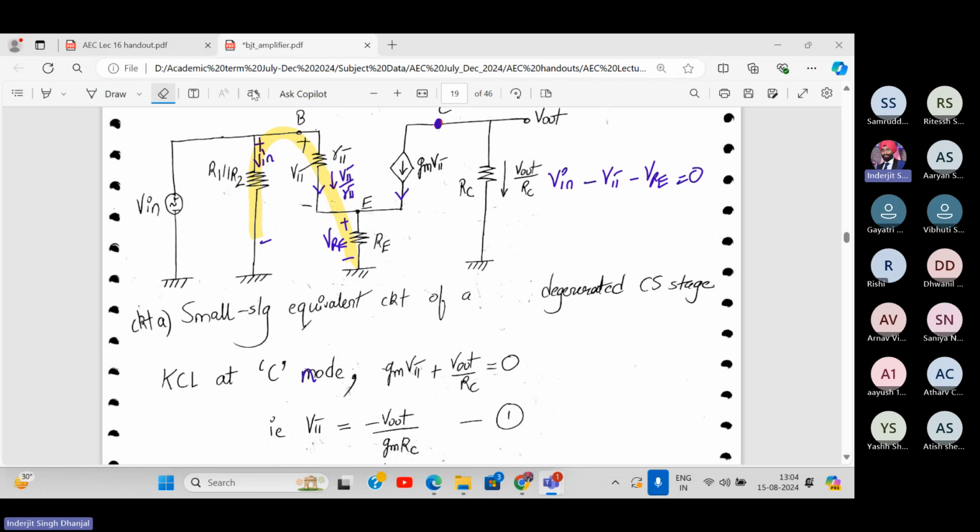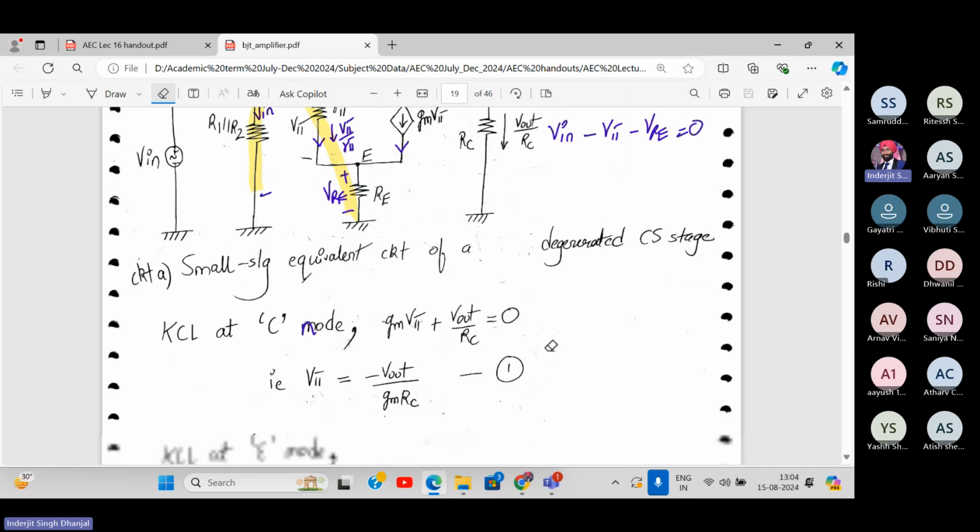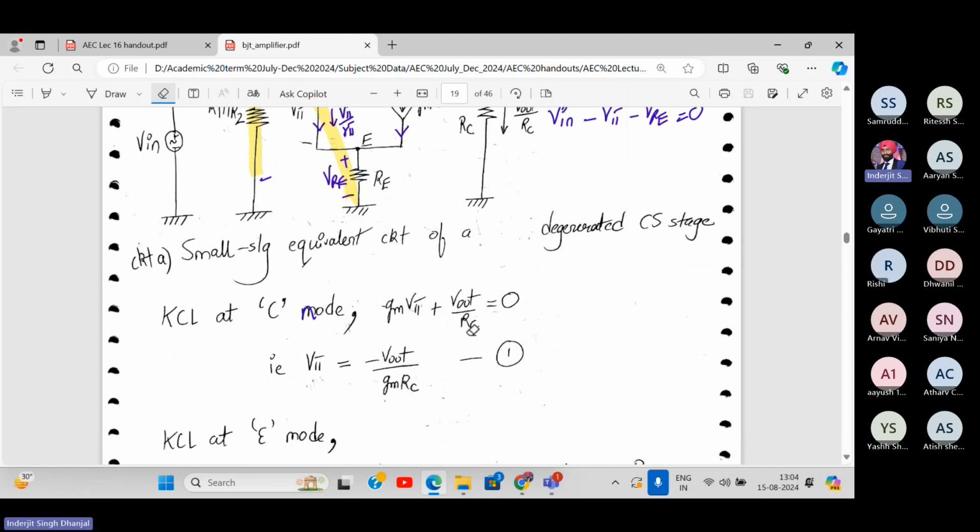Just confirming. Okay, so just look at it. Don't write anything right now. So it is gm into V pi plus V out upon RC. So what will be V pi? V pi is minus V out upon gm RC. This is equation number 1.